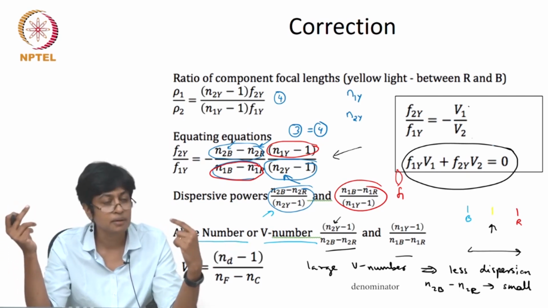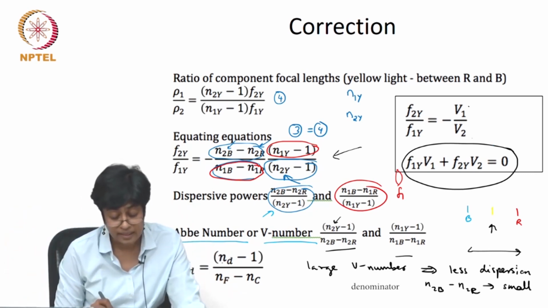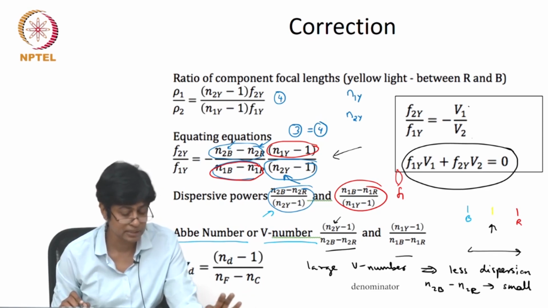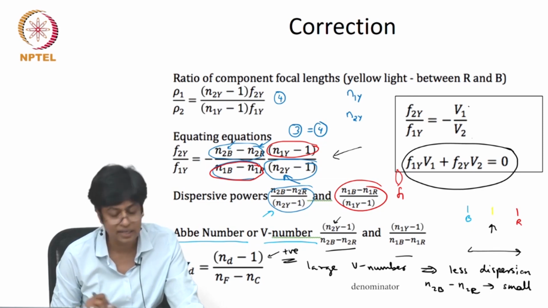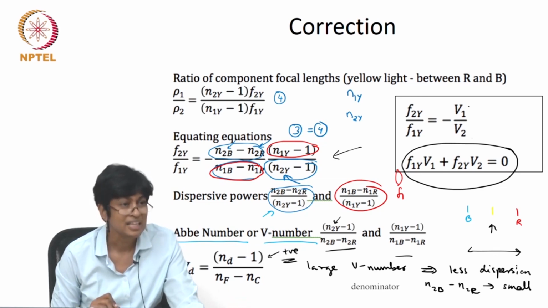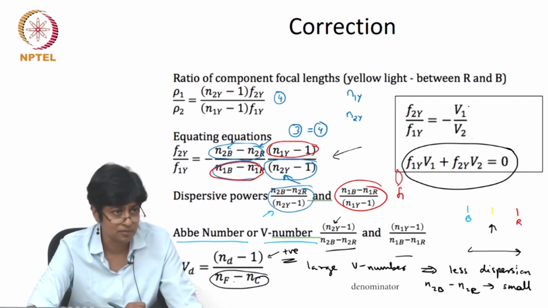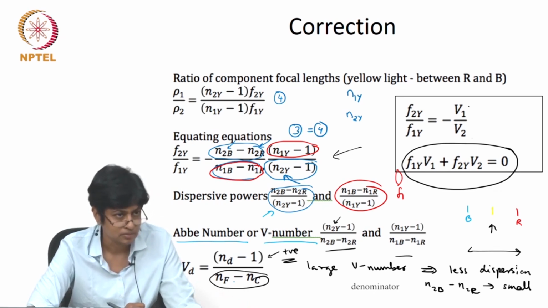What does that mean? That means in some case, ND is never going to be less than 1. Refractive index is never going to be less than 1. So the numerator is always positive. I can never make this numerator negative. You might think somehow I need to get this to be negative. But again, that is not natural for our optical materials.